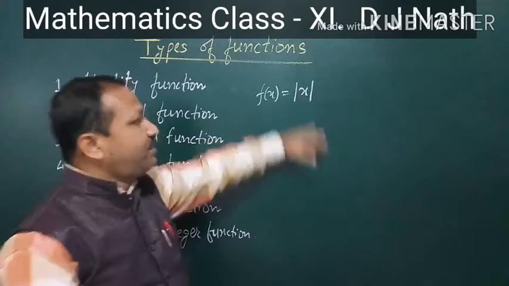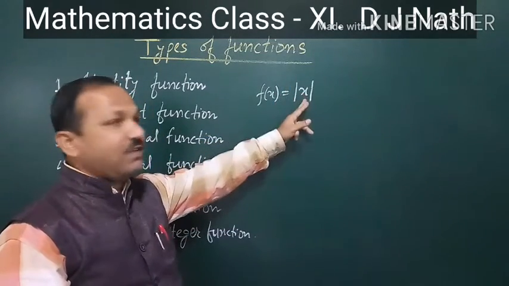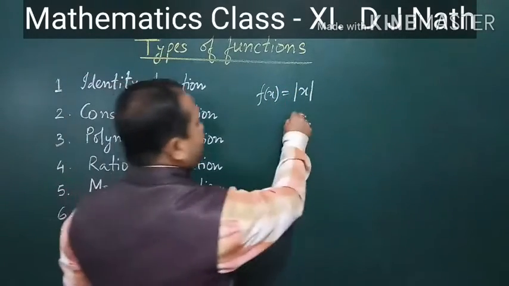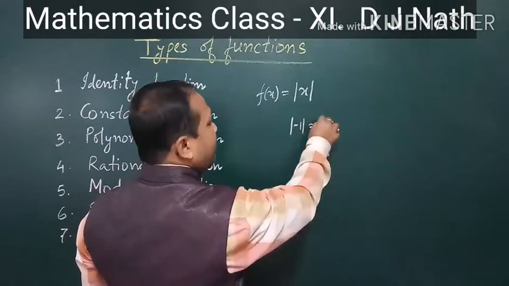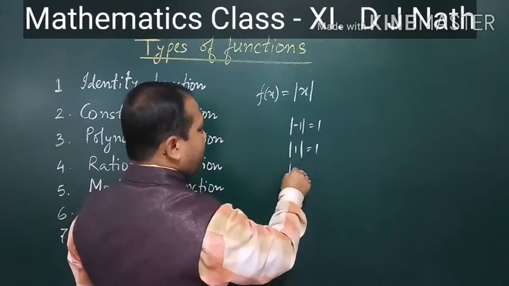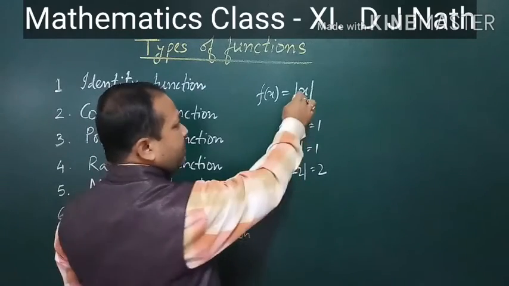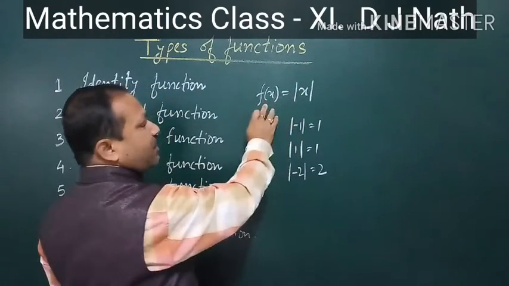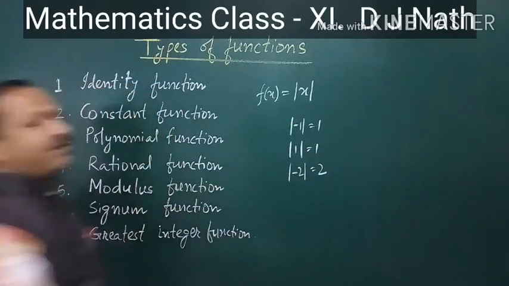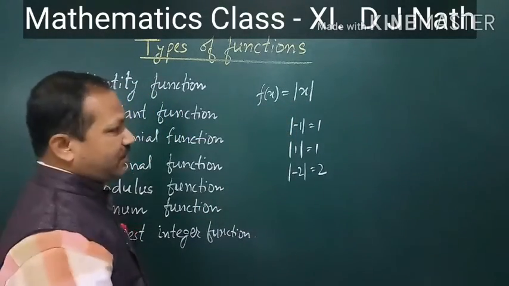So even if the value of x inside is negative, the result f(x) will become positive. Say modulus of minus 1 is equal to 1. Modulus of 1 is 1 only. Modulus of minus 2 is 2. So this is called the modulus function. f(x) is equal to mod of x. Okay? So how will the modulus function graph be?